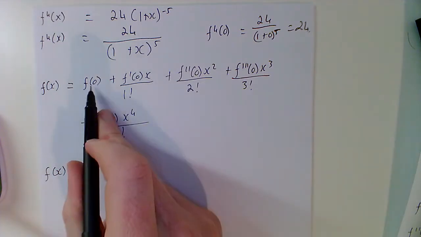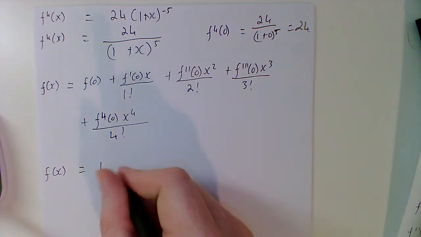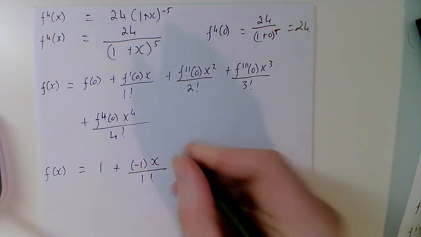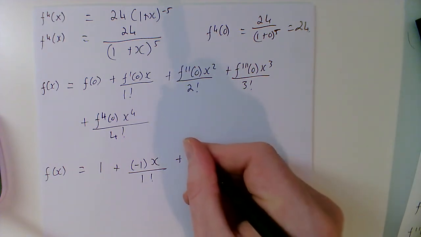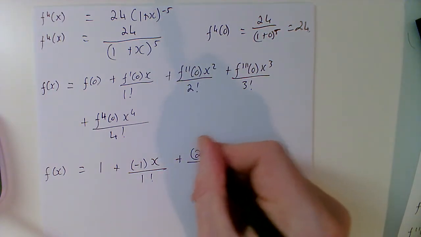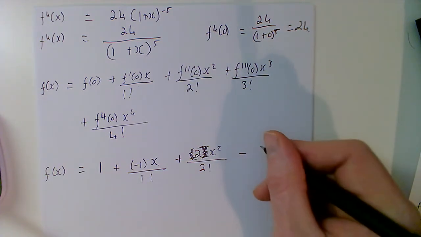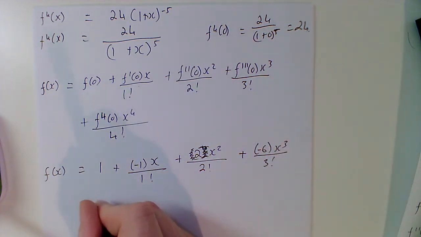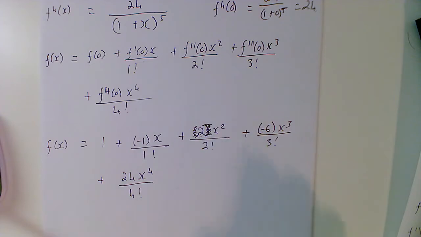Right. So f of 0 was 1. f dashed of 0 was negative 1. f double dashed of 0 is 2. Right, that's a 2x squared. Plus negative 6 x cubed over 3 factorial plus 24 x to the power of 4 over 4 factorial. Sorry about that wee mess that I've made there.